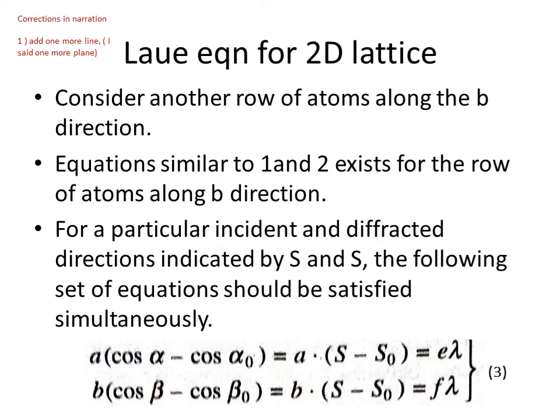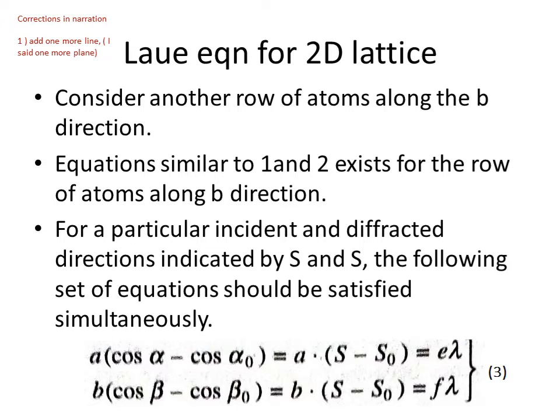So we will have another set of equations which is similar, except that S and S0 are the same in both cases, but the direction cosines will be different, and the lattice constants will obviously be different unless it is a square lattice in 2 dimensions. So we write the Laue equation as a general equation.